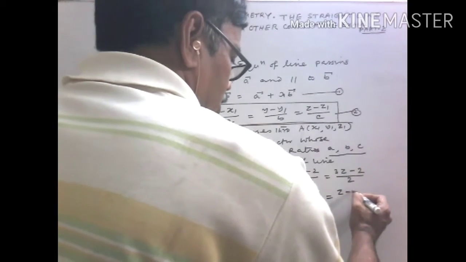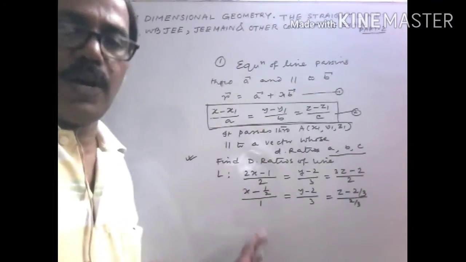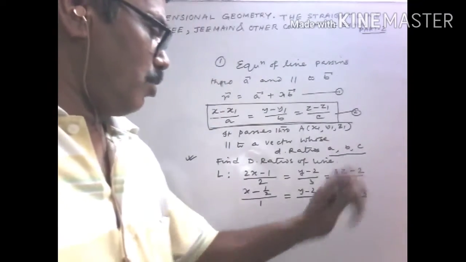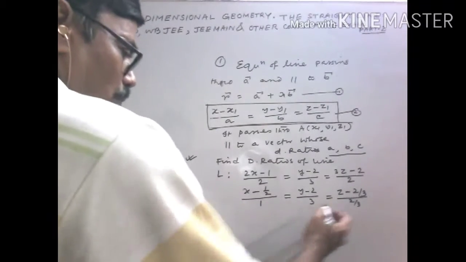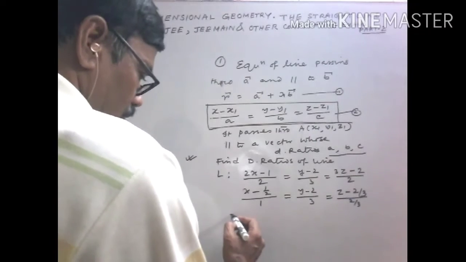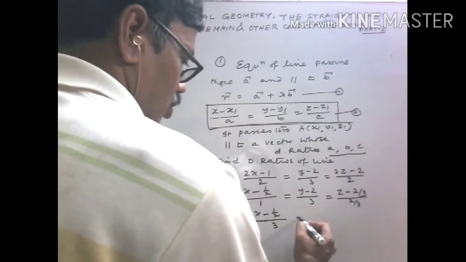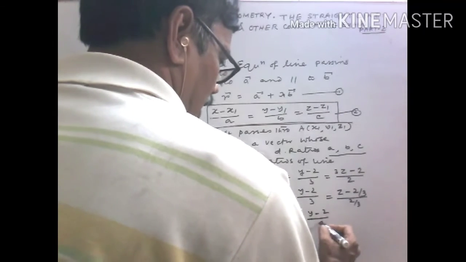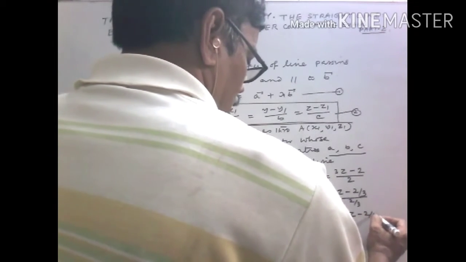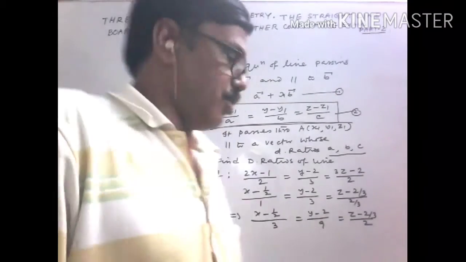And now this is (z minus 2 by 3) by 2 by 3. Dividing it by 3, we get this. Now d ratios are 1, 3, 2 by 3. And you may simplify it by multiplying by 3. So this is y minus 2 by 9, z minus 2 by 3 by 2. So what is d ratios?